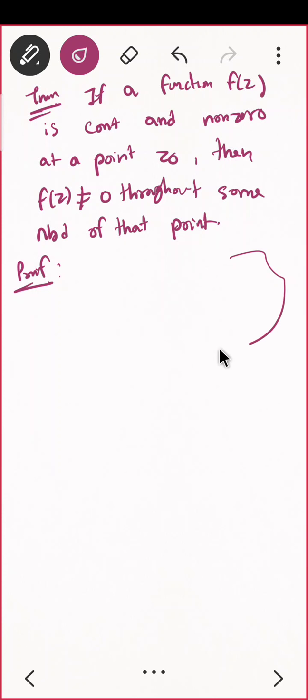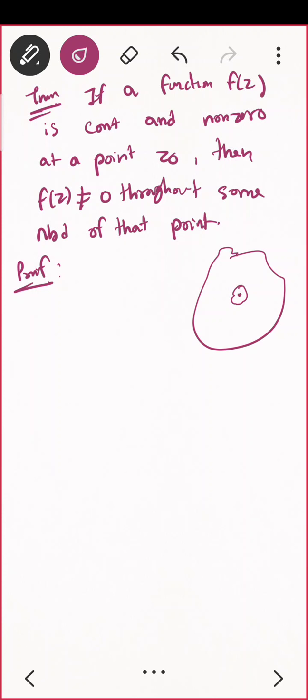That means if I draw here, it is z naught, and you are saying the function is continuous at this and it is non-zero, so I should be able to find a neighborhood such that throughout this neighborhood your function is non-zero, and after that it may be zero or not, I don't care. I just want a neighborhood such that in that neighborhood the function is non-zero. That's it. Okay, so this is what I want to prove.